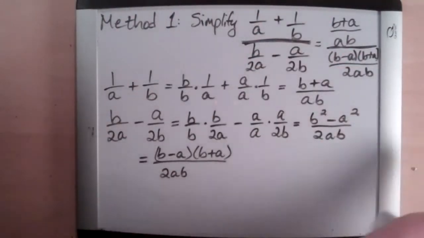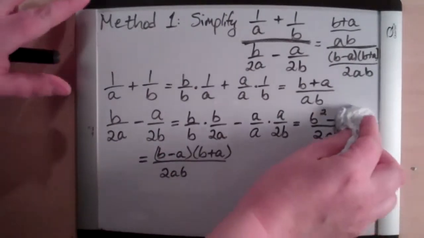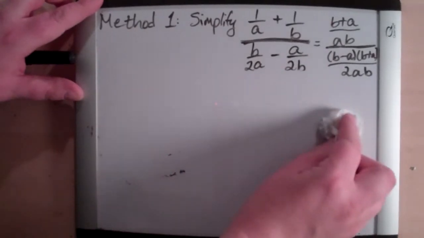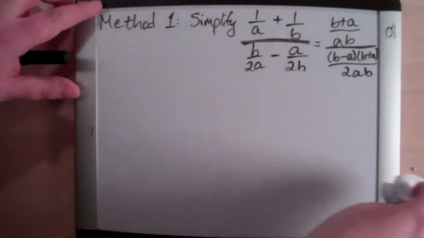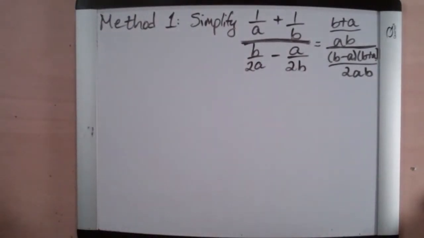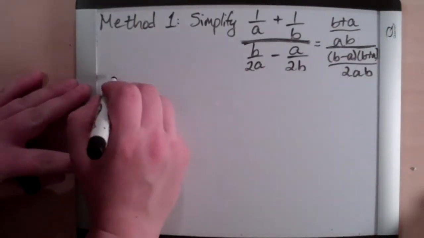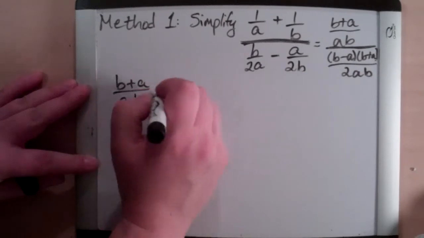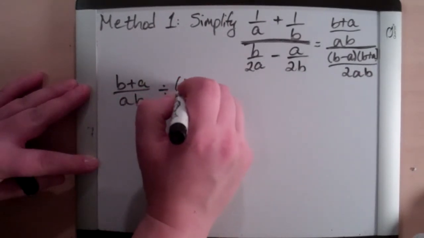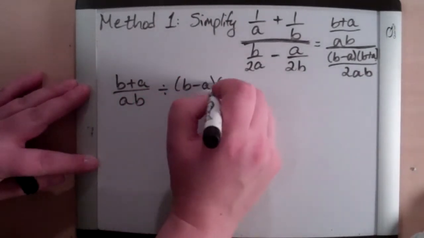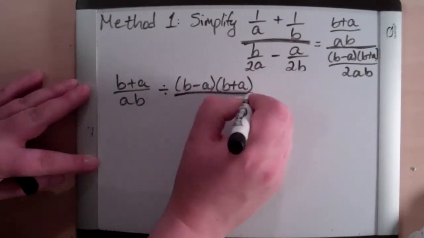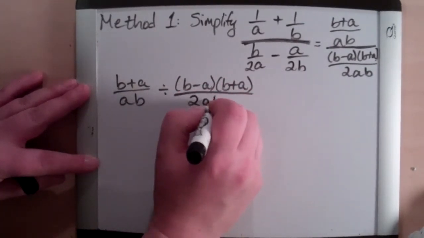From here, I'm going to do a little bit of erasing. Alright, from here, I can rewrite this as b plus a over ab divided by b minus a times b plus a divided by 2ab.